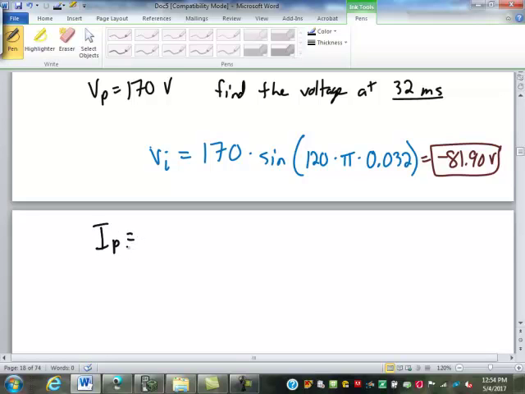Let's say our peak current is 40 amps. Find the current at 250 microseconds.